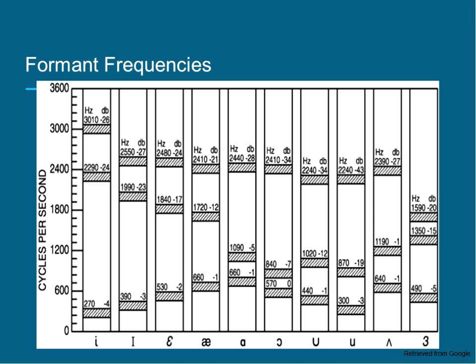They may have better low-frequency hearing, so they can hear that first formant, but they don't hear the second formant because of damage to their cochlea. So they don't hear the second formant.